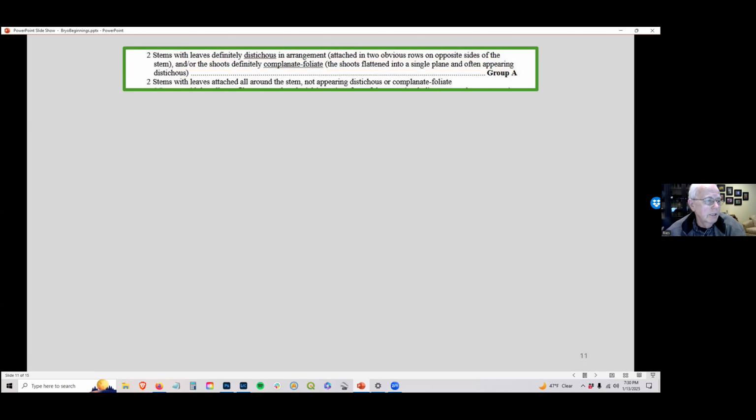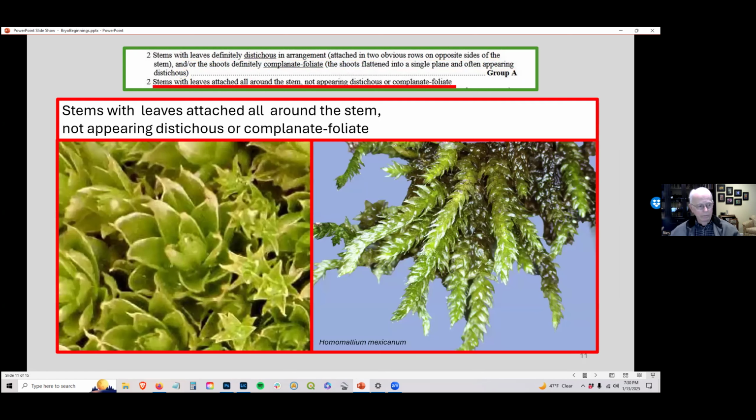Now I think we're up to the second number two, stems with leaves attached all around the stem, not appearing distichous or complanate foliate. And you've seen that. The slide on the left, you've already seen. That's an acrocarp, and the one on the right is a pleurocarp.